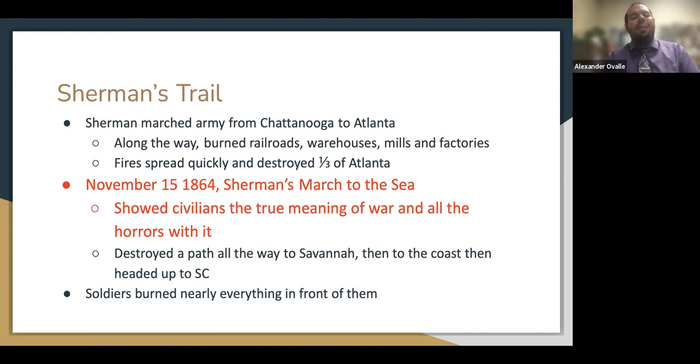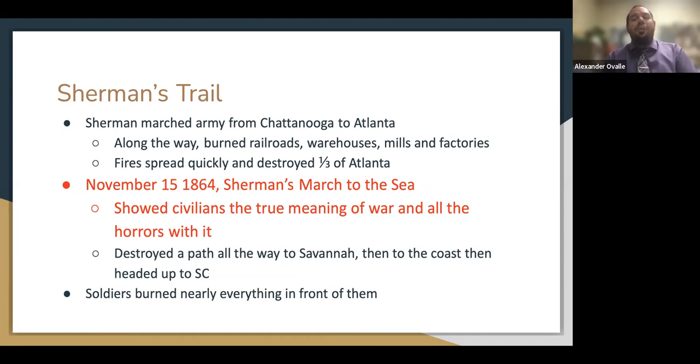Fires will spread quickly. Atlanta was firebombed. A third of Atlanta was destroyed after all is said and done. It is nicknamed Sherman's March to the Sea, and it'll show civilians in the South the true meaning of war and all the horrors that go with it. He destroyed a path from Savannah all the way up to the coast and headed up towards South Carolina. Soldiers burned nearly everything in front of them.